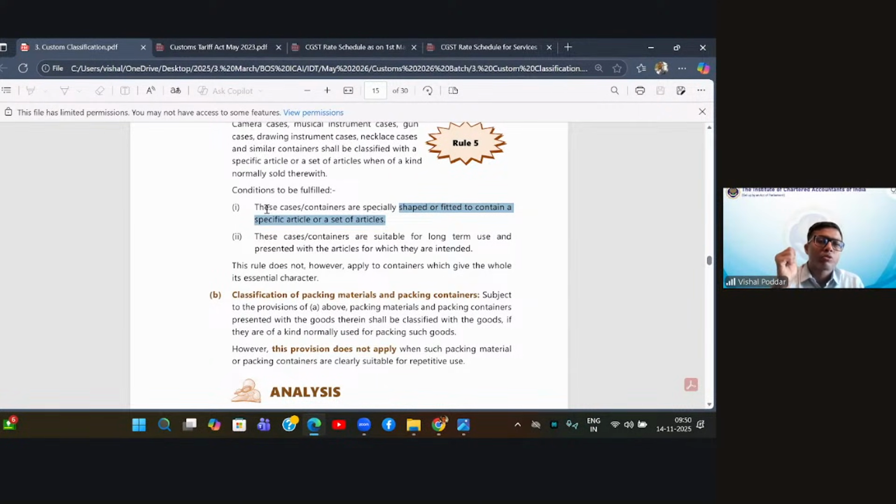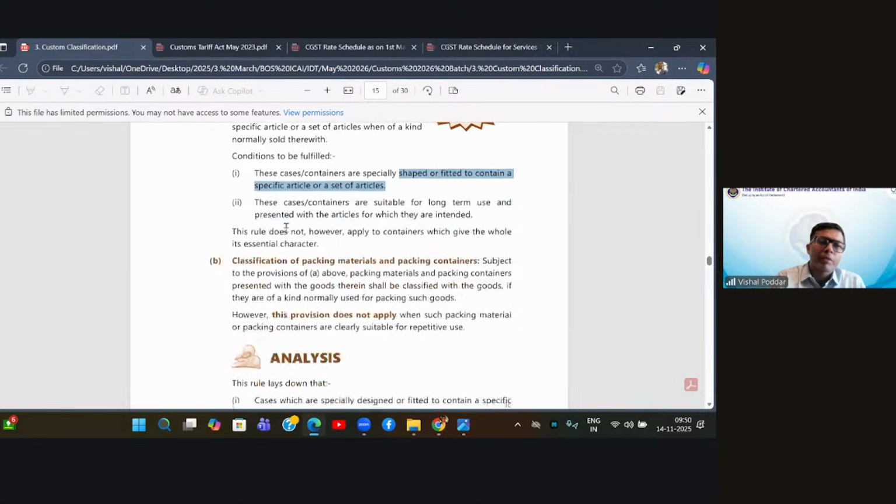So such things are to be classified in the respective goods only, not in the chapters where the packing material can be classified otherwise. The cases or containers are suitable for long-term use and presented with the article for which they are intended. So the first condition is that the shape is so designed only to fit that article.